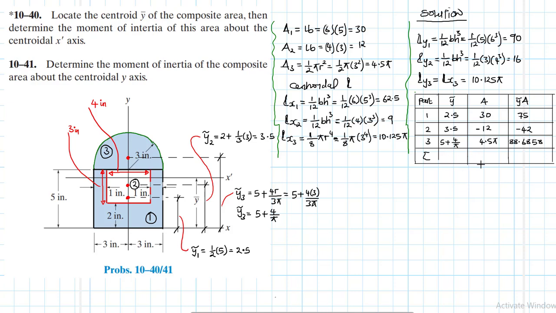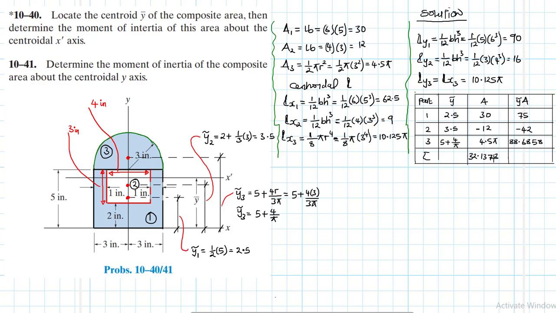Okay, so there we go. Let's add up the area. So 30 minus 12 plus 4.5 pi. This gives us 32.1372.